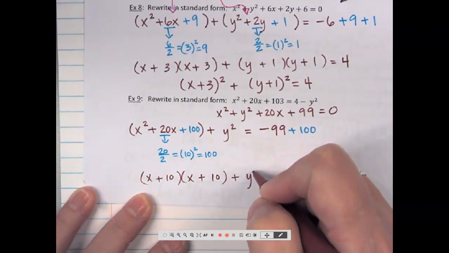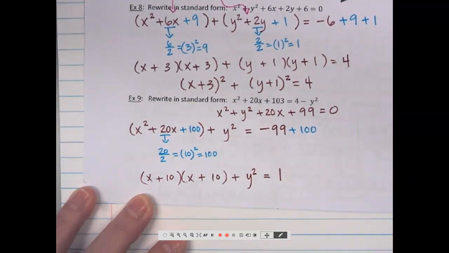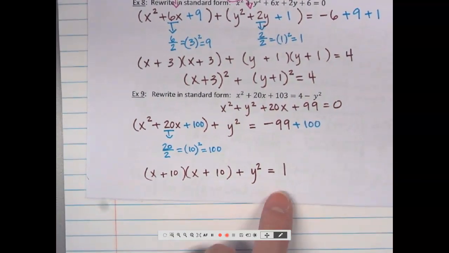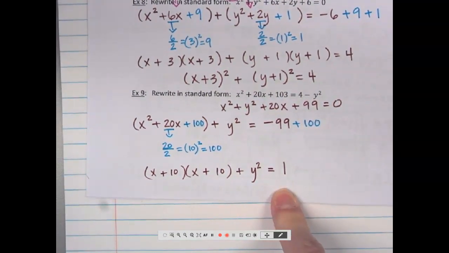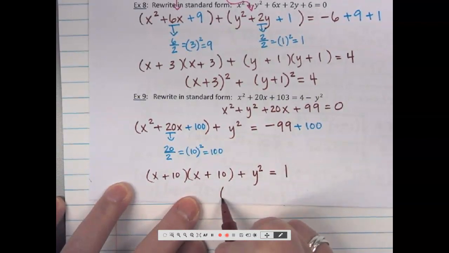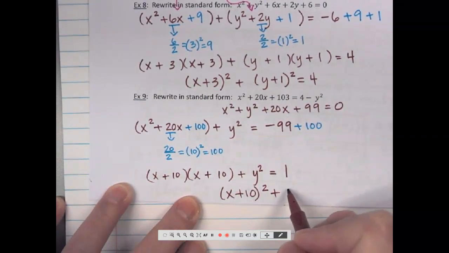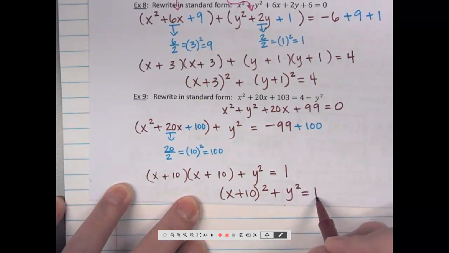Plus y squared equals 1. So what's the radius of this circle? 1. Square root of 1, which is still 1. Okay, so last step, then I'll get your question. X plus 10 squared plus y squared equals 1.